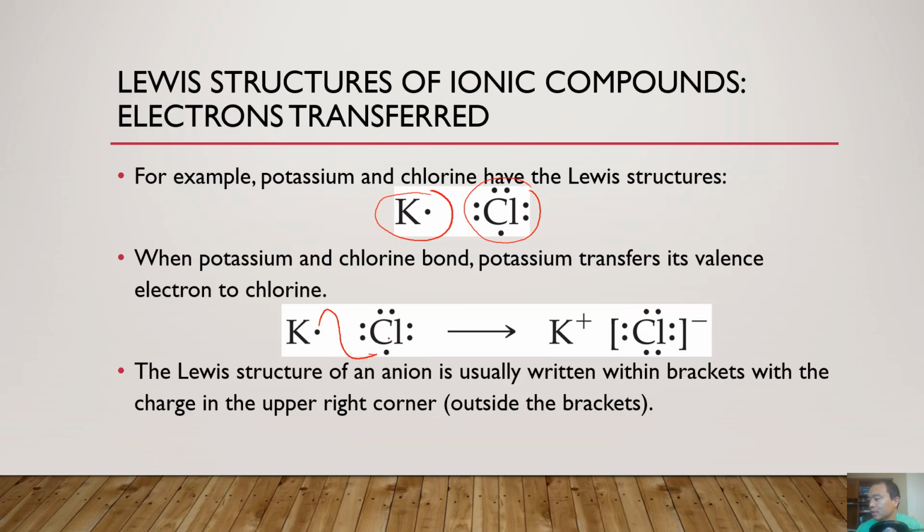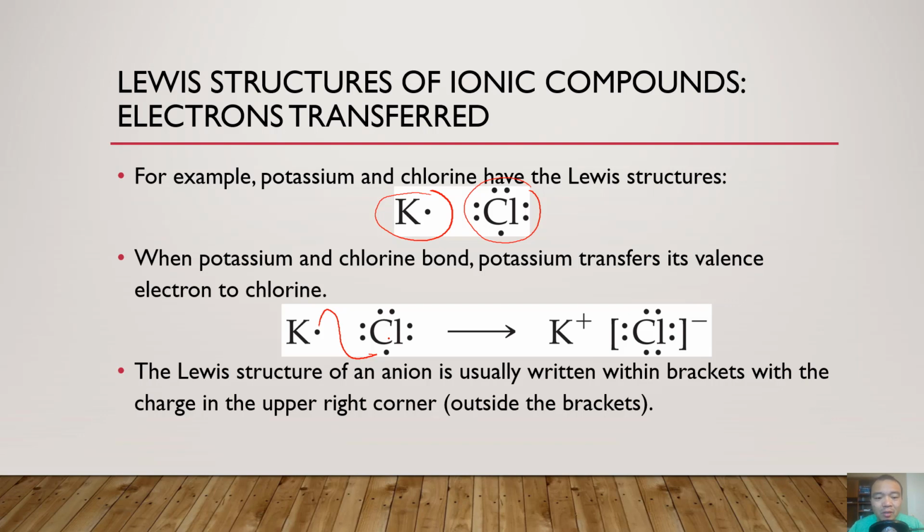After that, potassium becomes K+. If you write the electronic configuration of K+, you will notice potassium has 8 electrons in the outermost shell. Chlorine becomes chloride. It has 1 more valence electron, which means it now has 8 valence electrons in the outermost shell as well.